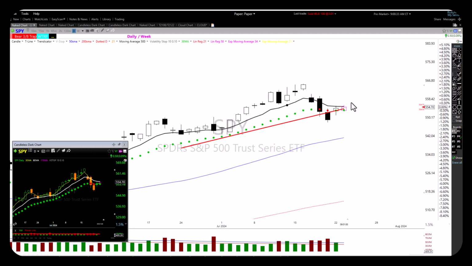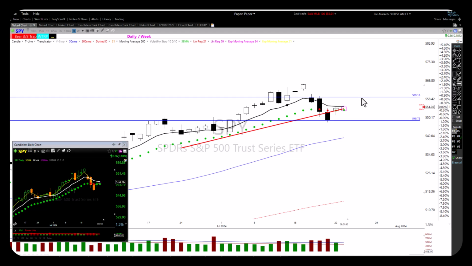So two important levels on the SPY chart would be this candle right here. If we roll over and we get through that candle, the 50 period moving average is likely to be a target. The next level to the upside that I think is important is simply to break out of these two big candles right there.